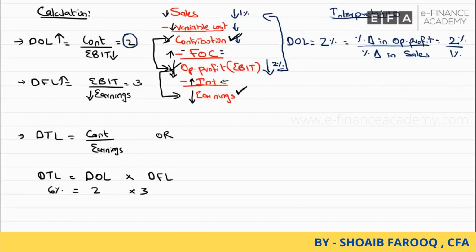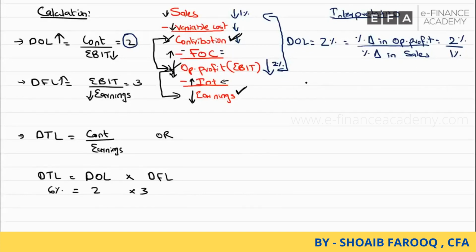That means it changes by 2% for each 1% change in sales. So if sales go up by 1%, operating profit will go up by 2%. If sales go down by 1%, operating profit will go down by 2%.